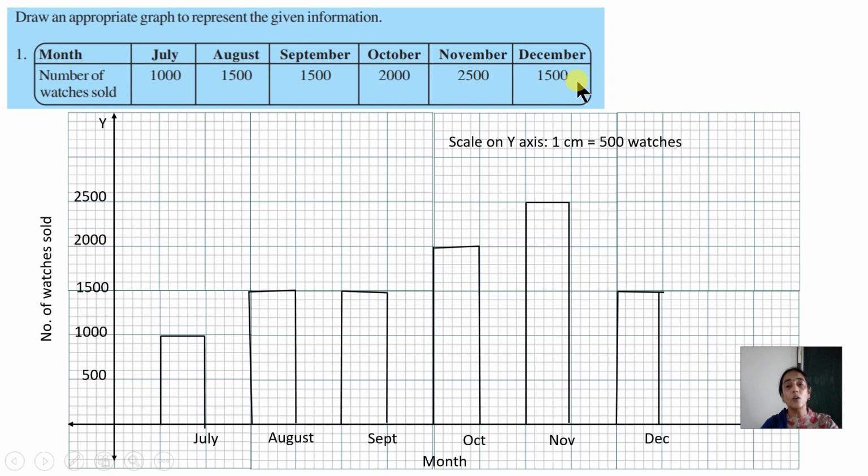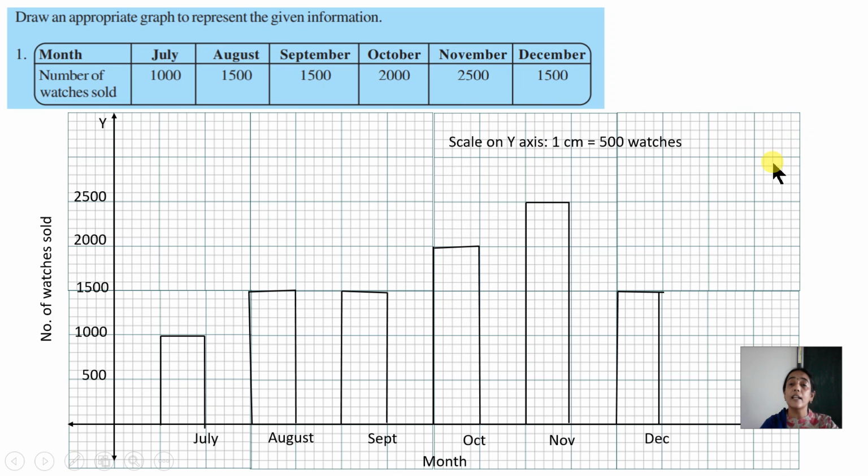Now children, which type of graph paper are you going to take? There are two types of graph paper available in the market. One has a big square in which there are 25 small squares, that is 5 squares vertically and 5 horizontally.